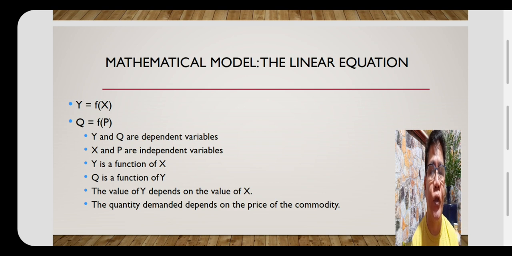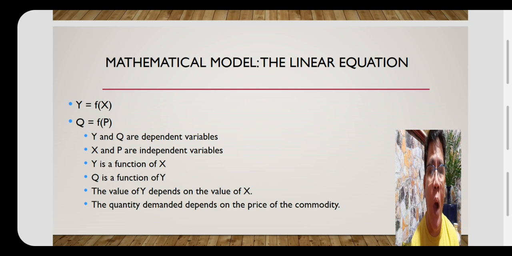And so we start from the functional expression that y is equal to f of x. That is written as y equals small letter f, open parenthesis, x. So what does this functional expression say?